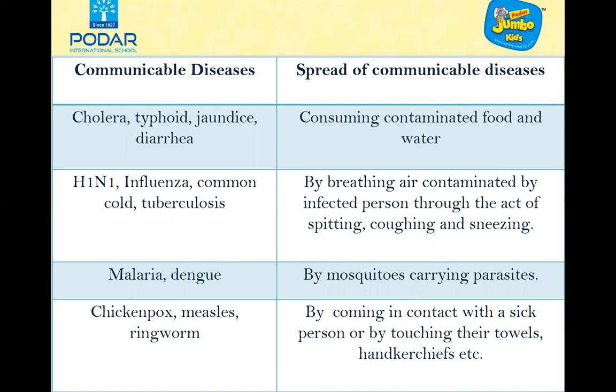They spread by coming in contact with a sick person or by touching their towels and handkerchiefs. Measles and chickenpox are in direct contact with our body, being on our skin. Hence, their clothes will have these germs and they can spread if not disinfected.